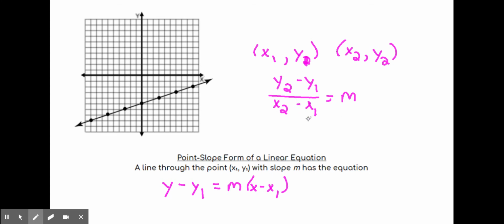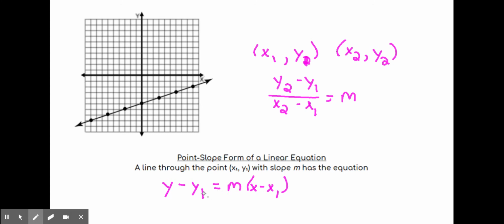If I take this part right here and multiply both sides by the whole denominator, that moves this over here by the slope, right? And then I'm left with the y's over here. So the y minus y1 is the numerator of the slope formula, and then the slope times x minus x1 is this times this. So it comes from the slope formula. That's all you need to know: point-slope form comes from the slope formula.